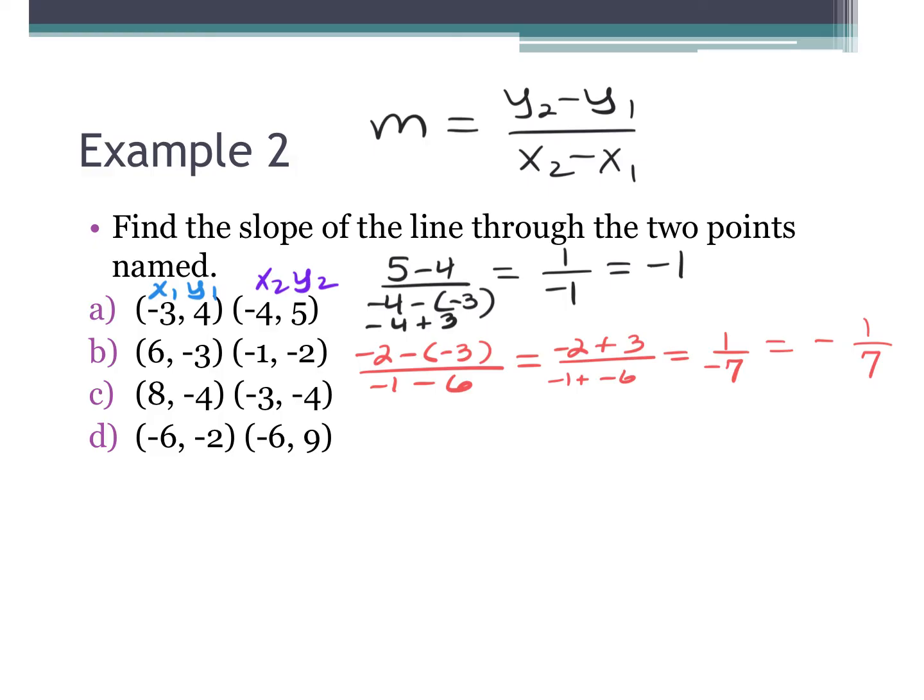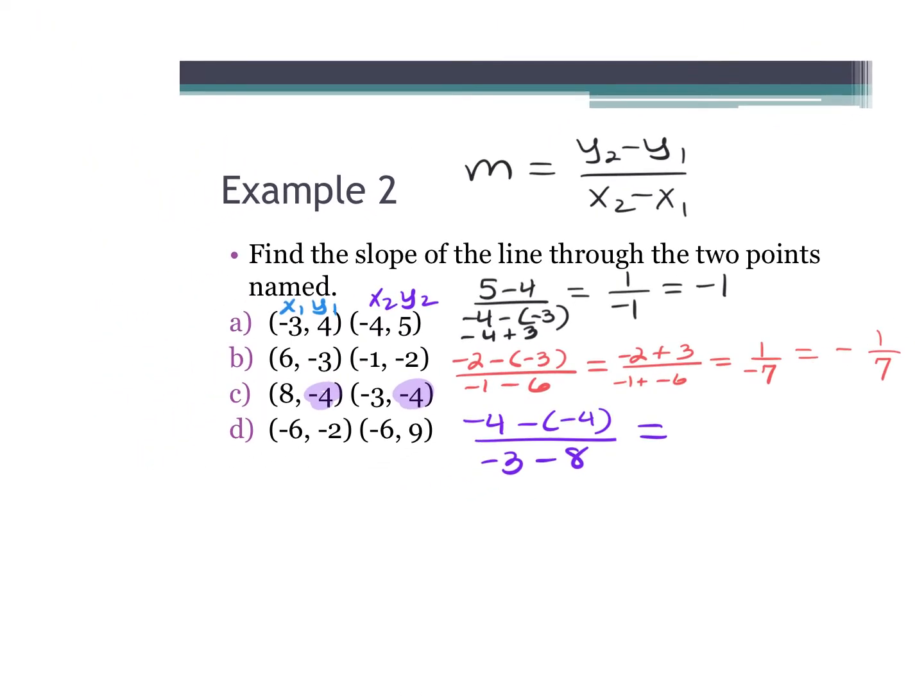Then for C, again, I'm going to subtract the y's, so negative 4 minus negative 4 divided by negative 3 minus 8. Notice my y values here are both the same. When this occurs, this is going to be the graph of a horizontal line.